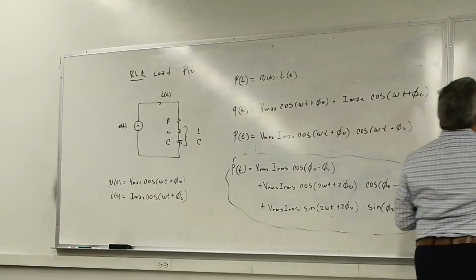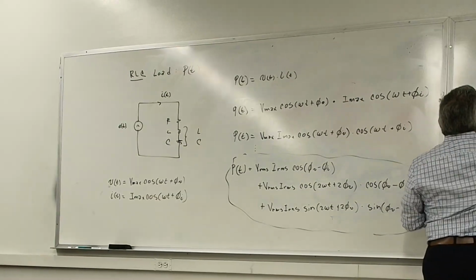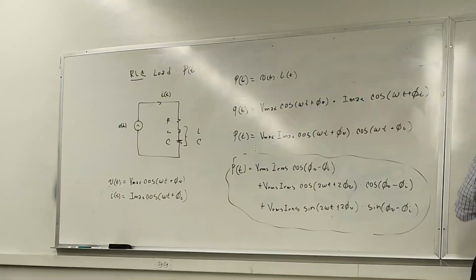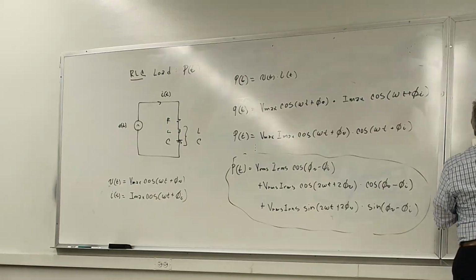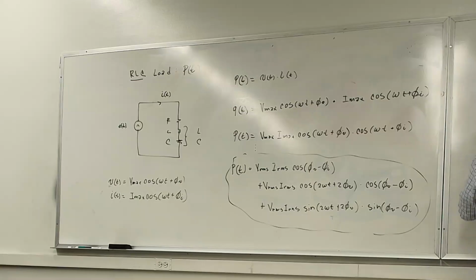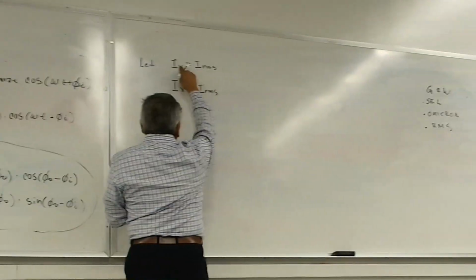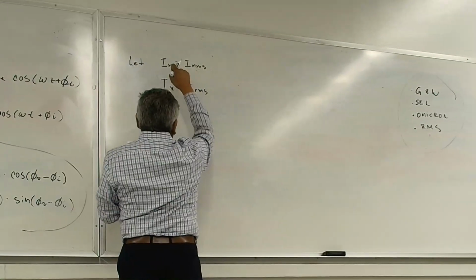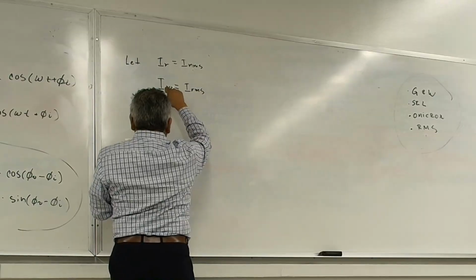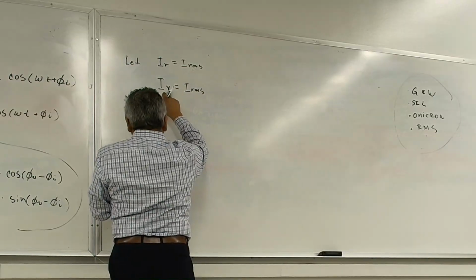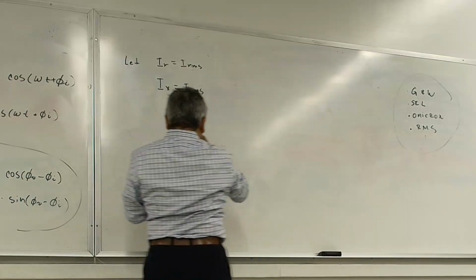I'm going to do this. I'm going to say let I R equal I RMS and I X equal also I RMS. So the RMS value of the current through a resistor, or the resistive part, is the magnitude, and the current magnitude of the reactance can be capacitance or inductance depending.